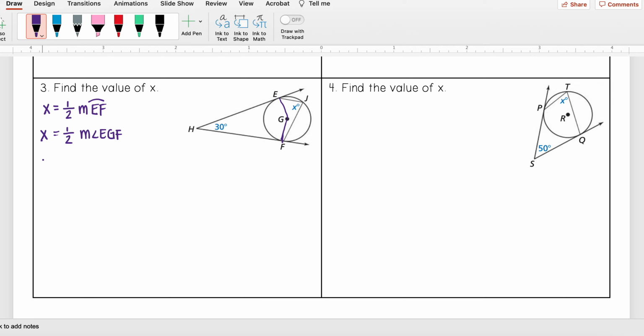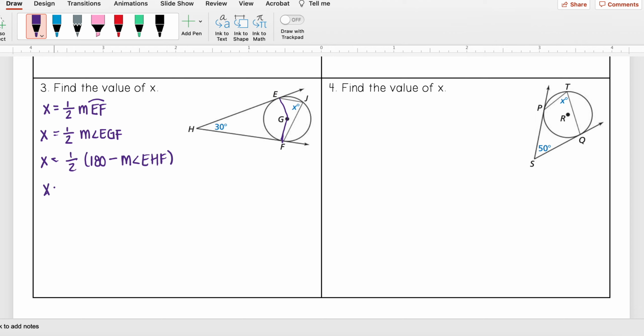And we just learned from this theorem today that the measure of my central angle, EGF, is equal to 180 minus the measure of my circumscribed angle, so measure of EHF.